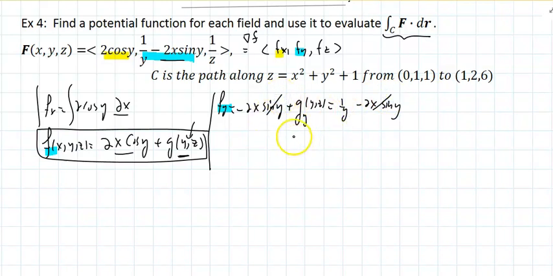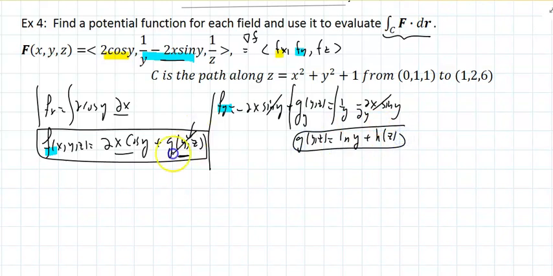Those drop off, and if I integrate with respect to y, I will get g of y, z equal to natural log of y, since they're all positive I can say y instead of absolute value, plus a function of z. So now I'm going to replace it by natural log of y plus h of z. Almost done.